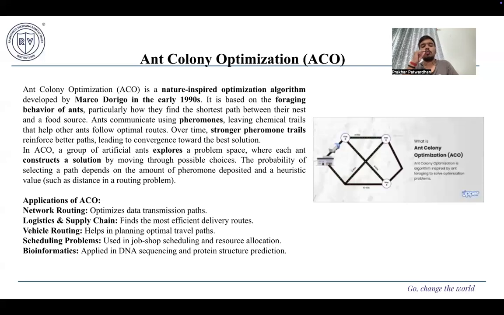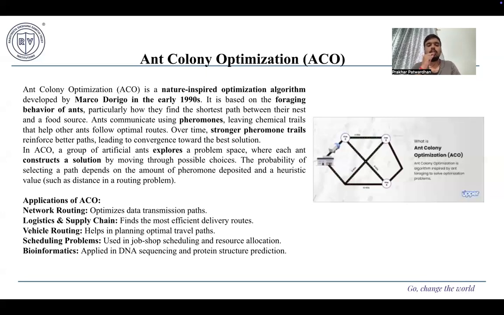In ACO, a group of artificial ants explores a problem space where each ant constructs a solution by moving through possible choices. The probability of selecting a path depends on the amount of pheromone deposited and a heuristic value, such as distance in a routing problem.